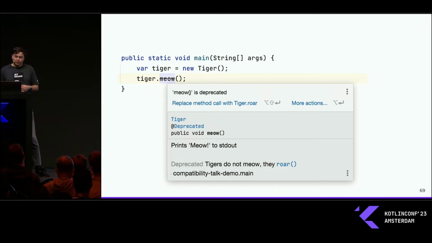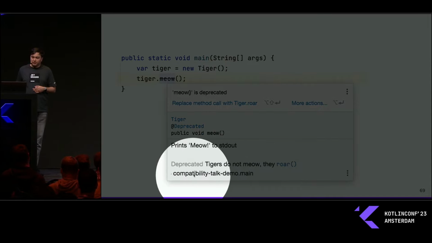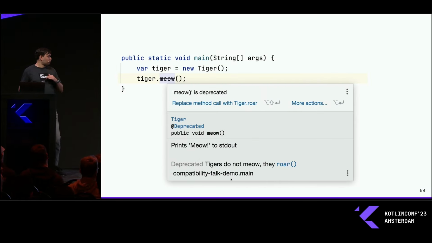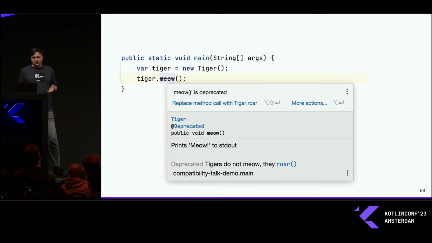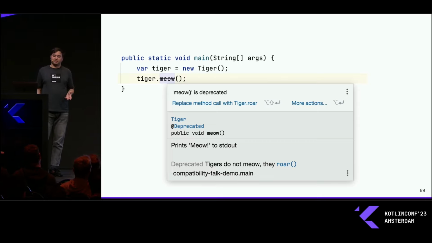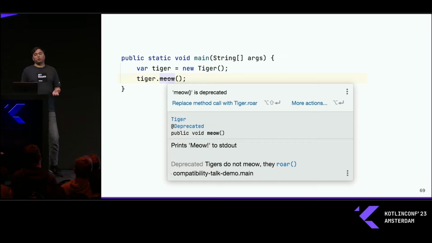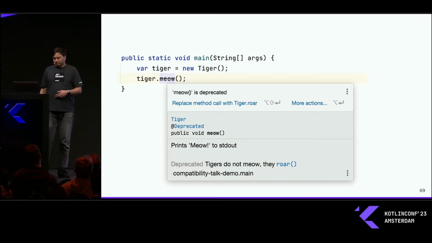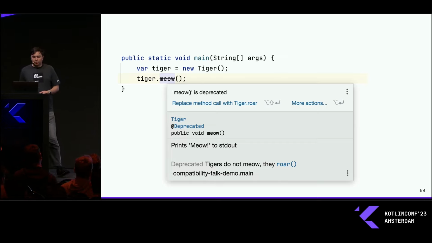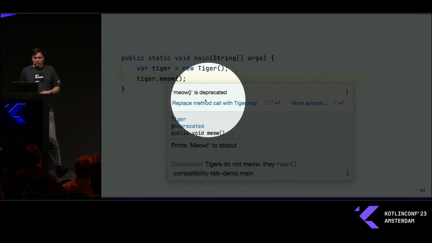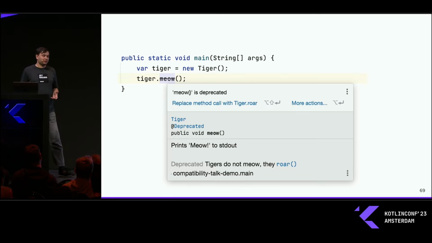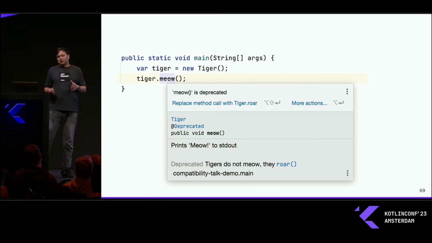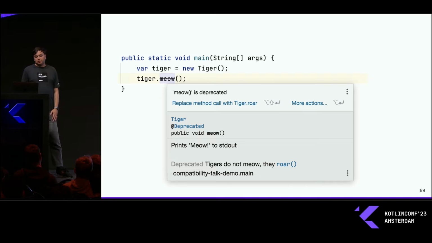But the reason for deprecation is only deep down below at the end of the tooltip. The most visible message, the first message in the tooltip, simply says that meow is deprecated without apparent reason. Sometimes we can get a replace with action here, but this really depends on what is written in the Javadoc and whether it was successfully parsed by IntelliJ, and generally is not very reliable.